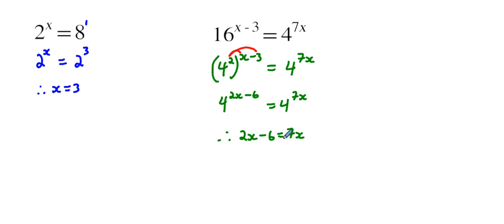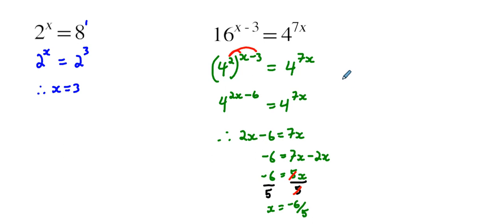Now I have a relatively simple equation that I can rearrange and solve. I'm going to move the 2x across, and it's going to become negative on the other side, minus 2x. So I get negative 6 is equal to 5x. Then I'll divide both sides by 5 to move it across, and the 5s, of course, cancel on this side, and I'm left with x equals negative 6/5.